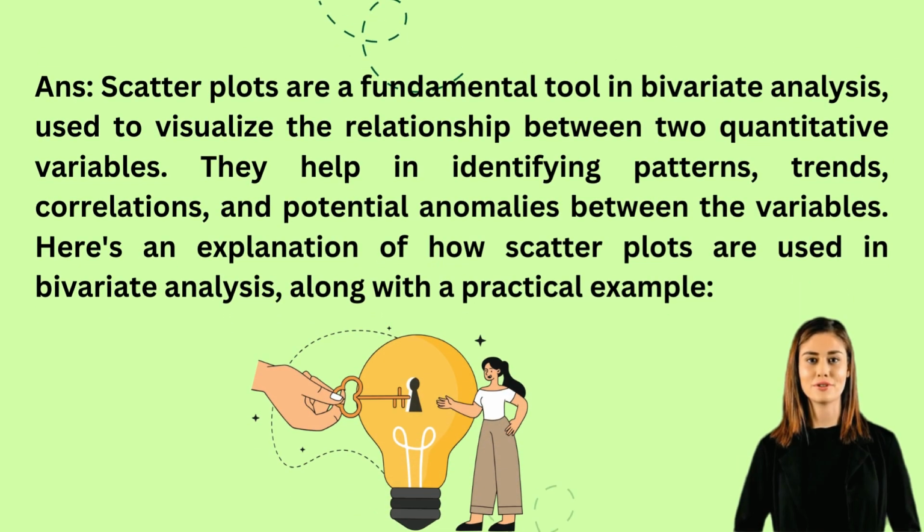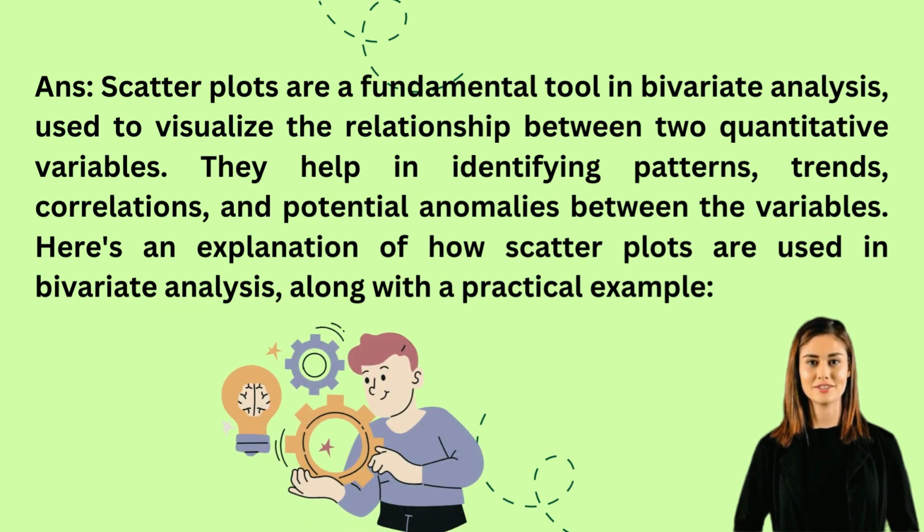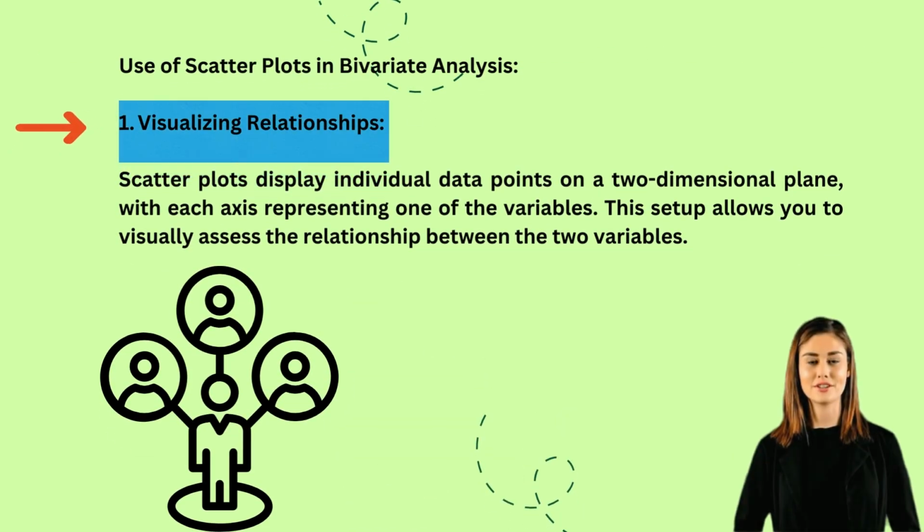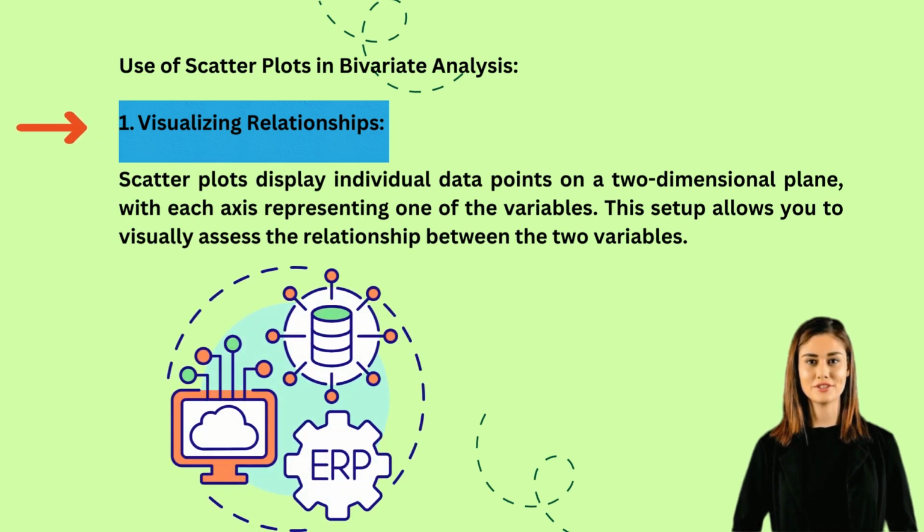Here is an explanation of how scatter plots are used in bivariate analysis, along with a practical example. Use of scatter plots in bivariate analysis. Visualizing relationships. Scatter plots display individual data points on a two-dimensional plane with each axis representing one of the variables.